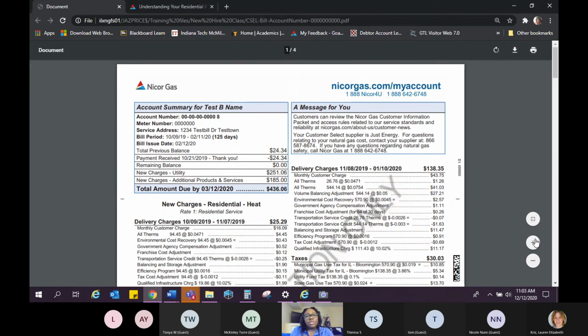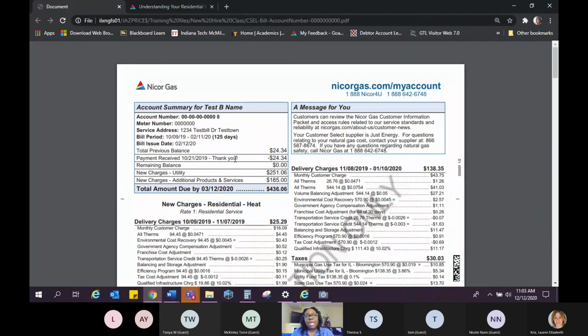Like we mentioned on the other bill that I showed you on the website, you still have your account summary, where you have your account number, your meter number, and your service address for those customers that may have more than one property. You may have your bills going to one specific address, so always search the service address just so you know which account you're looking at.